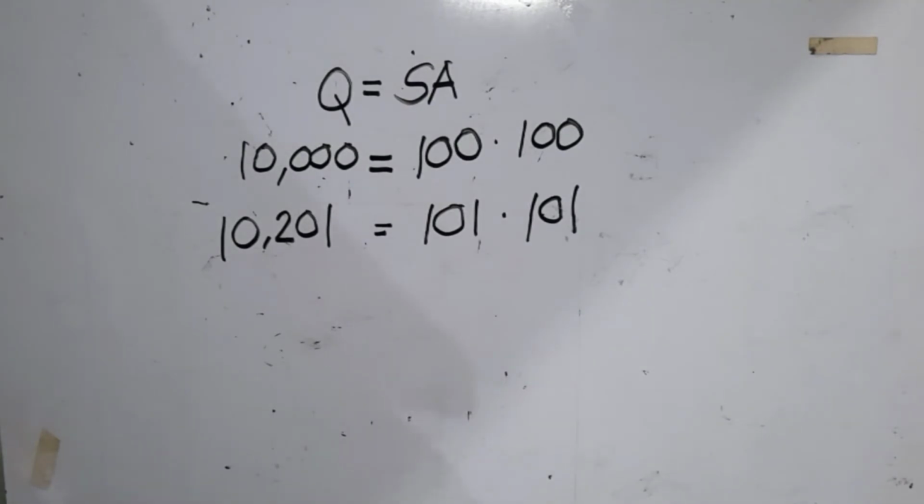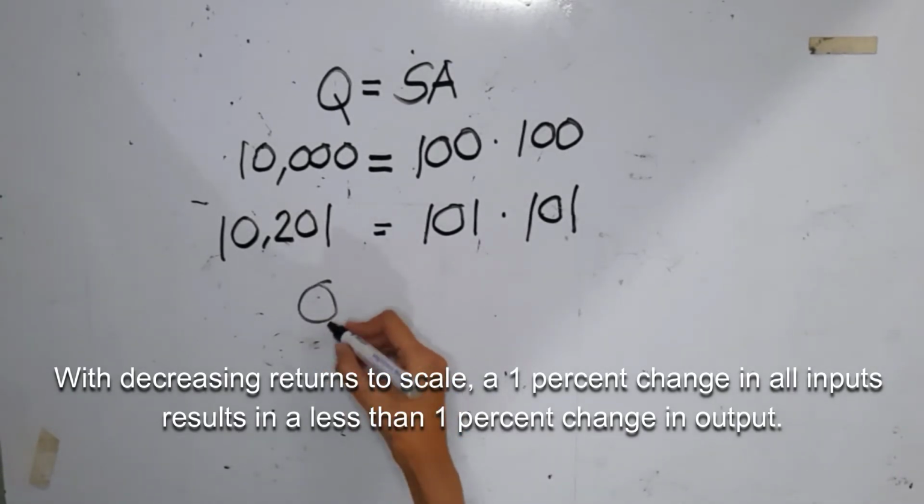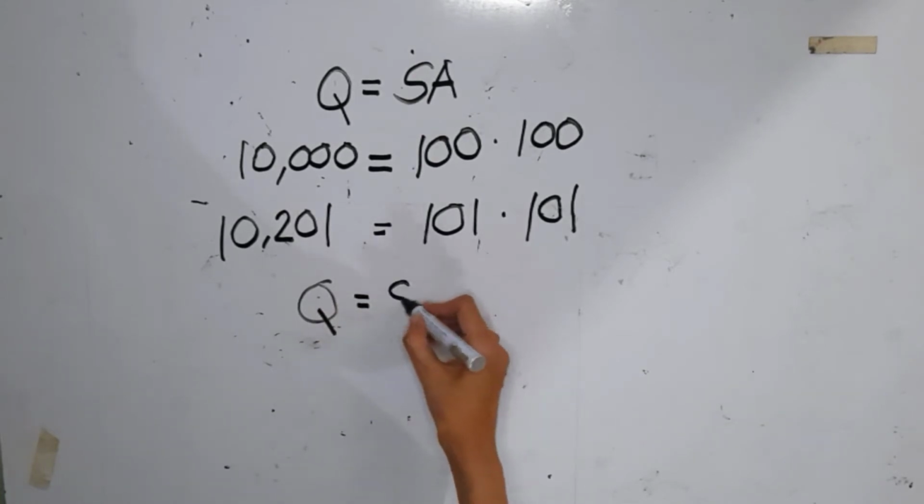Then we also have the decreasing returns to scale. It means that a 1% change in all inputs will result in a less than 1% change in output. It's usually presented through this production function.